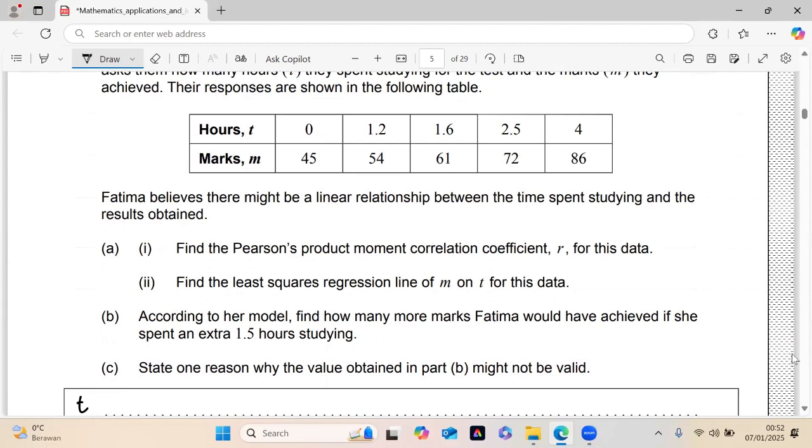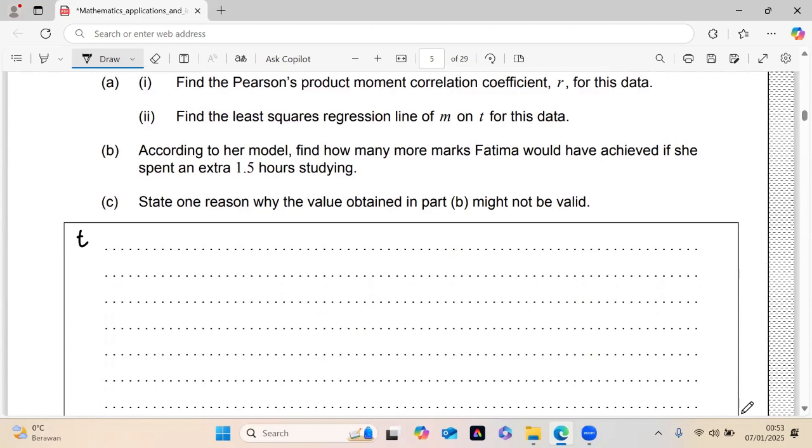T values: 0, 1.2, 1.6, 2.5, 4. M values: 45, 54, 61, 72, 86.